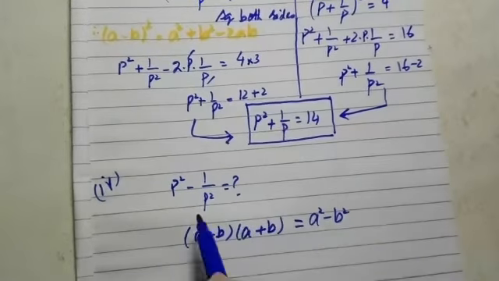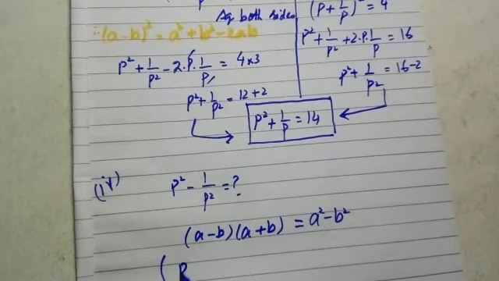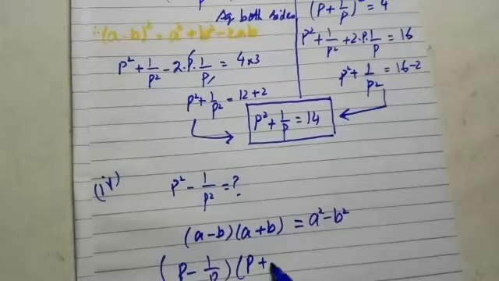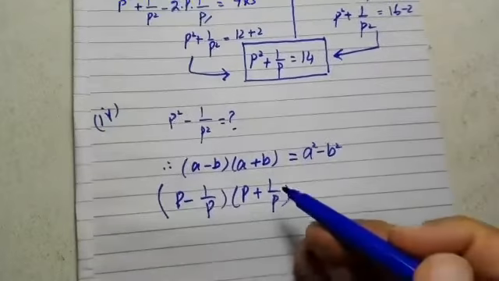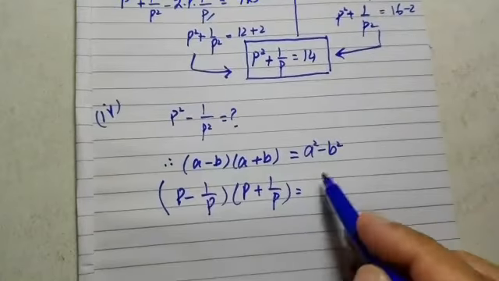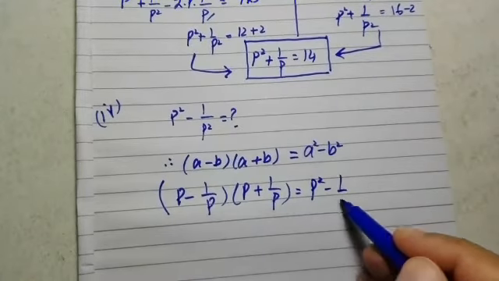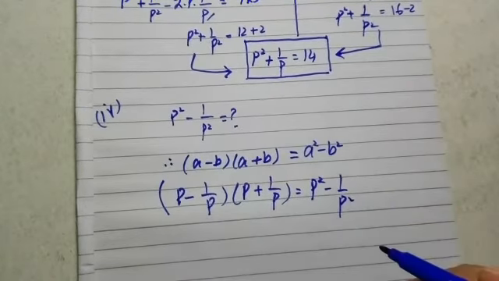So simply putting in the values, p minus 1 over p and p plus 1 over p, according to the above formula, it should be p square minus 1 over p square, like this one.